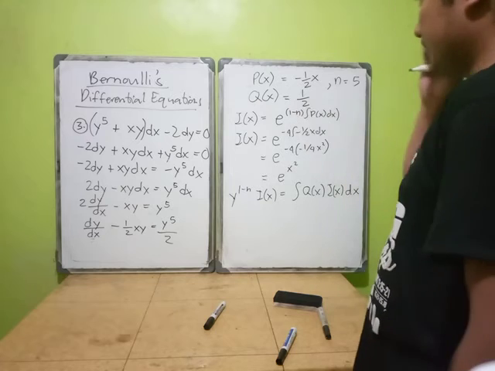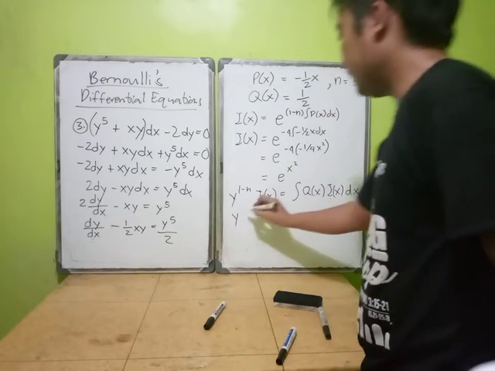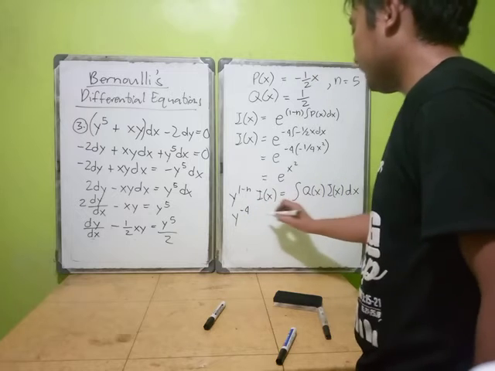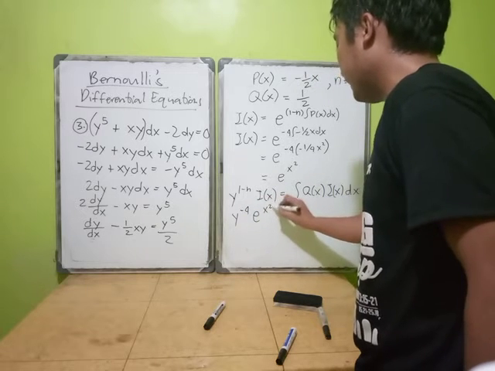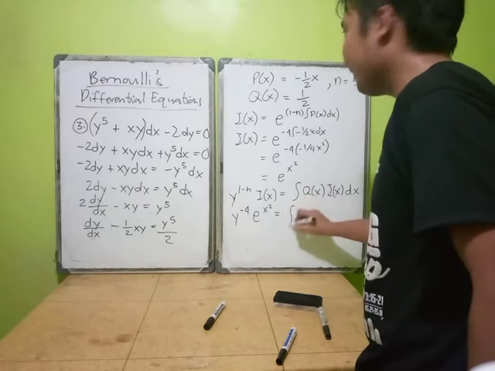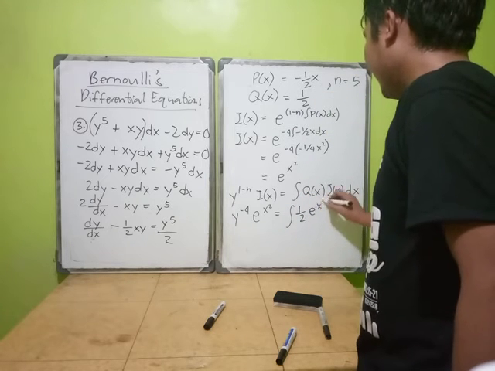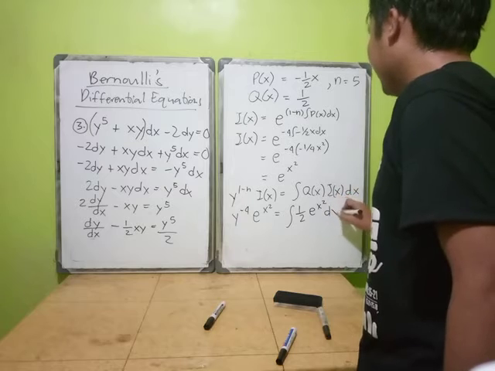Okay? Alam natin ano si Ix. So, 1 minus n is negative 4. Yung Ix natin is e to the x squared. Ang q of x natin is 1/2. 1/2 of e to the x squared dx.